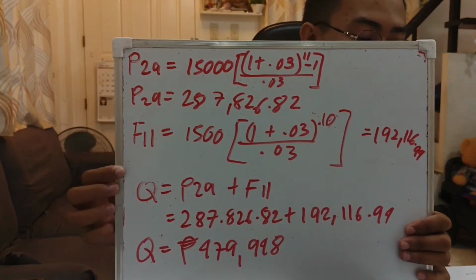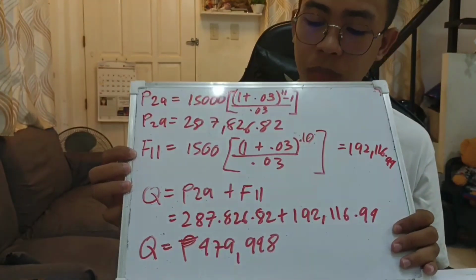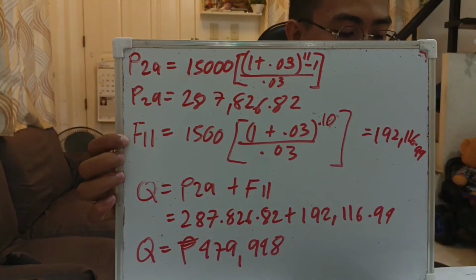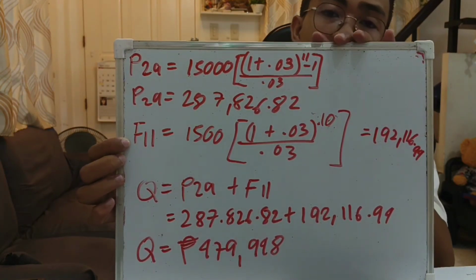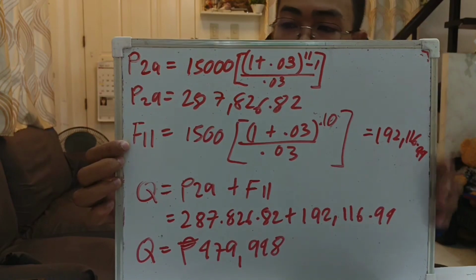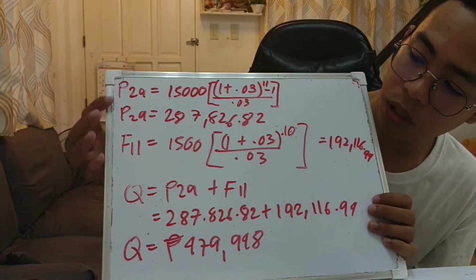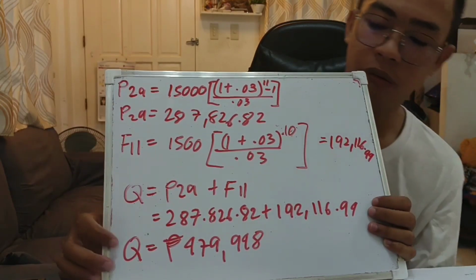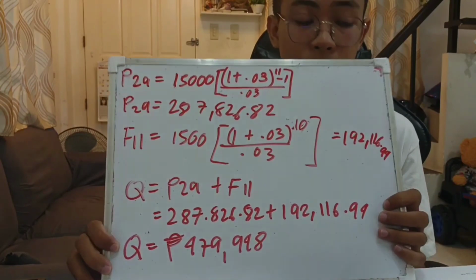And F11, 15,000 times the quantity of 1 plus 0.03 to the power of 10 over 0.03, so it would be 192,116.94, and you will just have to add these two results to find the Q, which is the amount he must pay when the 11th payment is due.